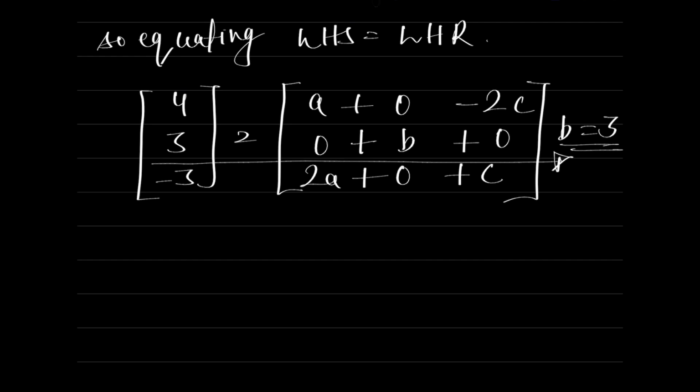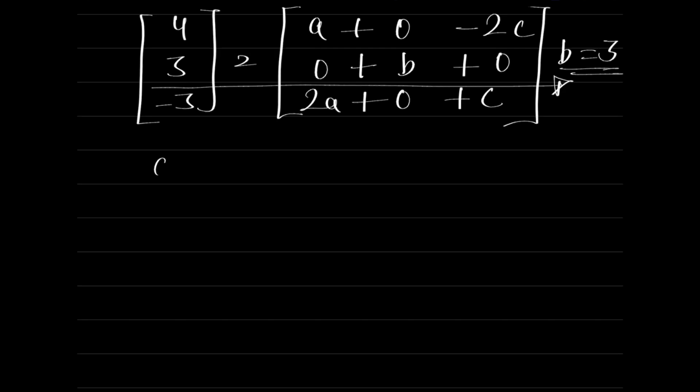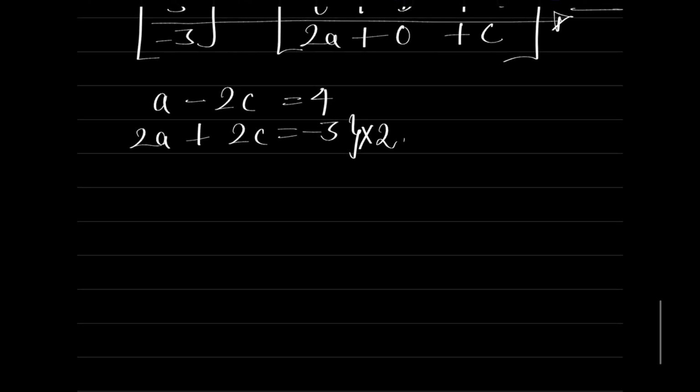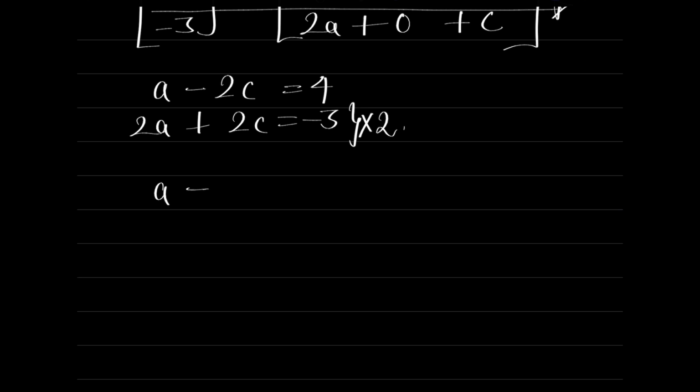Now from this we get other values: A minus 2C is equal to 4, then 2A plus C is equal to -3. After multiplication it will become A minus 2C is equal to 4 and 4A plus 2C is equal to -6.